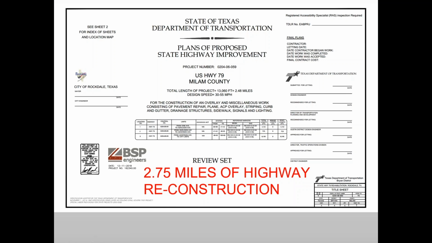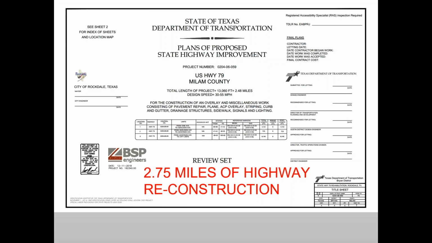The particular project we're looking at is a real world project. This is a project that we are doing for the state of Texas Department of Transportation, and it's basically US Highway 79. The majority of this project goes through the city of Rockdale, Texas.